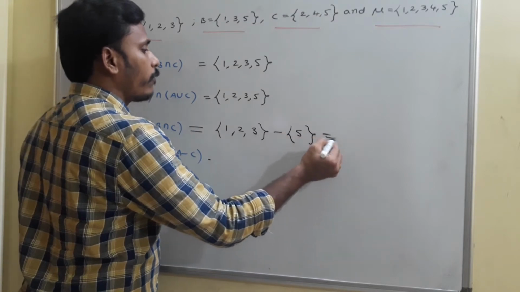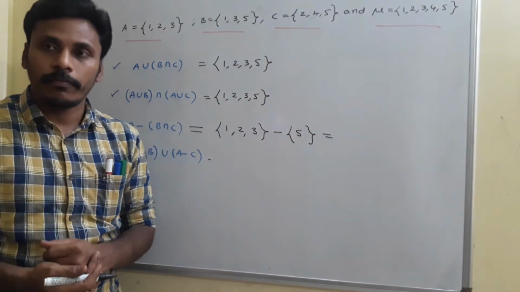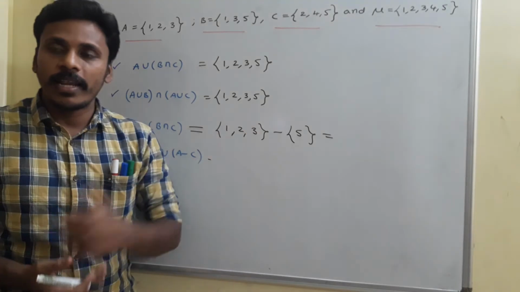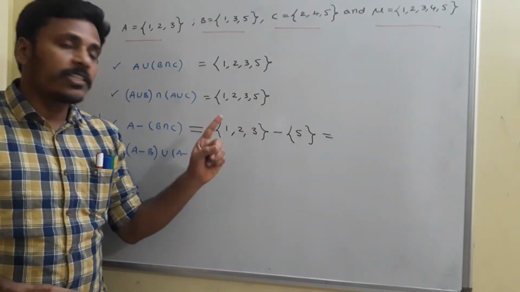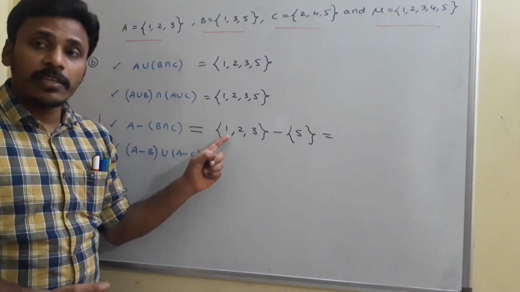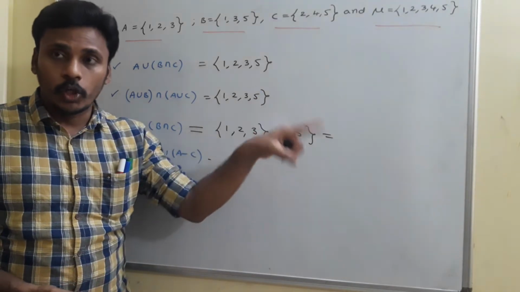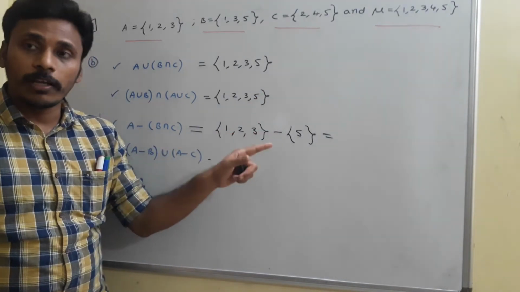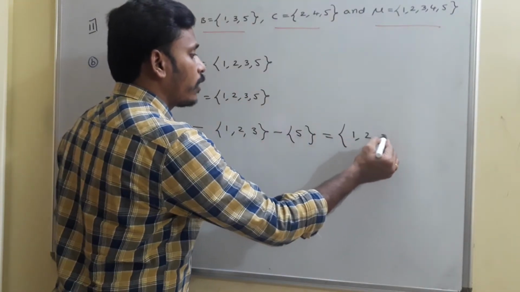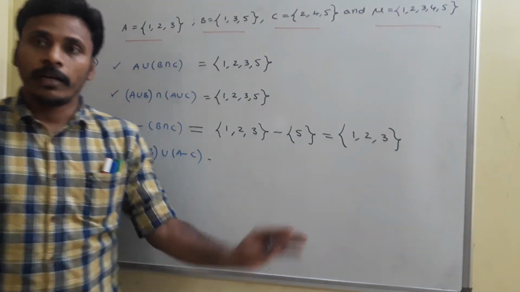So singleton {5}. So set containing 1, 2, 3 minus set containing 5 means elements in A but not in B, those elements you need to collect. So 1 is in A but not in B, collect 1. 2 is in A but not in B, collect 2. 3 is in A but not in B, collect 3. And that {1, 2, 3} minus {5} will give us the set {1, 2, 3}. Is it clear?